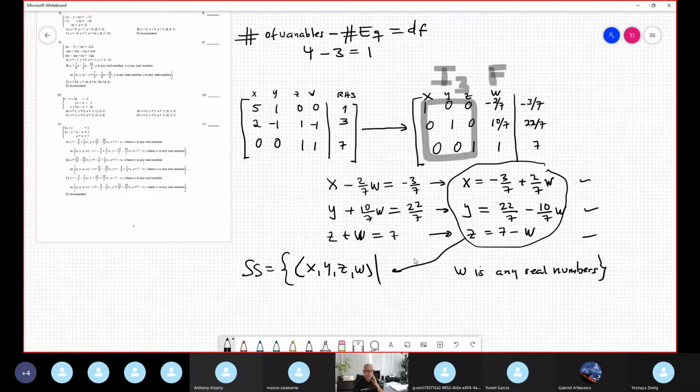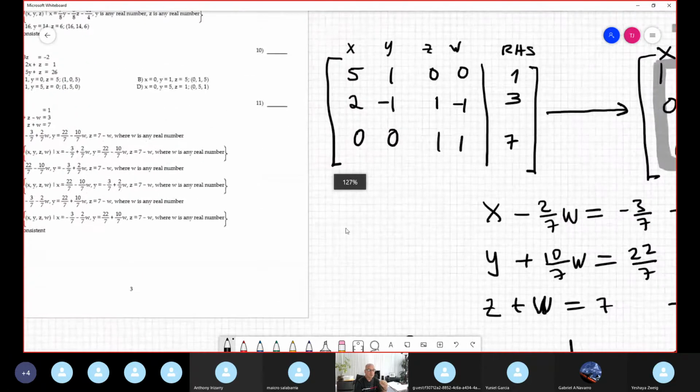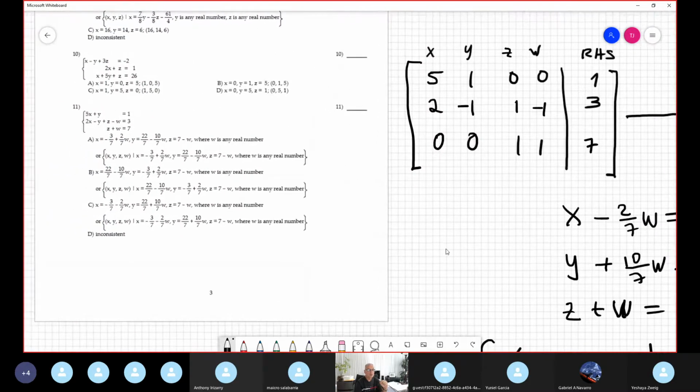And that's it. The solution is a line, but a line in 4-dimensional space. It's impossible to represent geometrically.